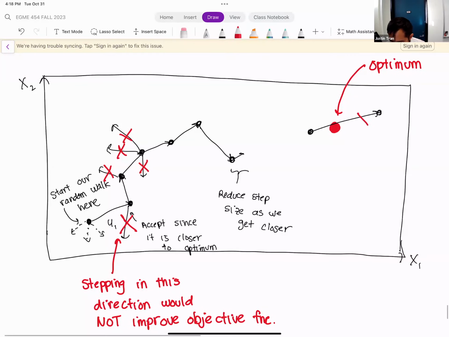And so if that were the case, we would reject this. But that direction is actually really good because that direction is in the right direction of the optimum. We just need to make our step size small. And so what you're going to see in the algorithm is that, as the algorithm runs more and more, the step size is going to get reduced. And so this can continue. Maybe we have a couple more rejections along the way.